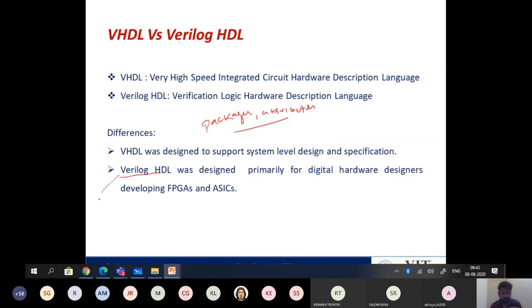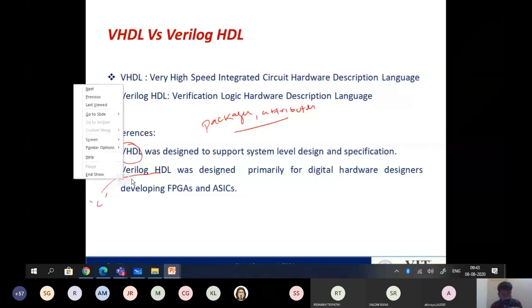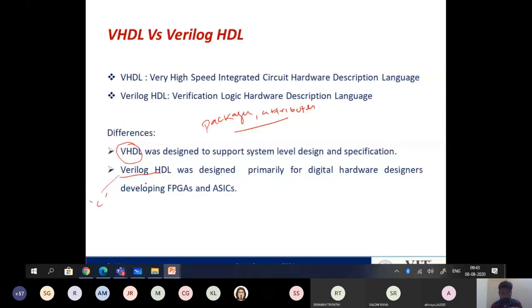And the syntax is similar to C, close to the C language. Generally they say that for a complex design, it is easier to implement using VHDL. It doesn't mean that we cannot do it, but there are a few difficulties in terms of language constructs. But still, you can do it with Verilog HDL also.